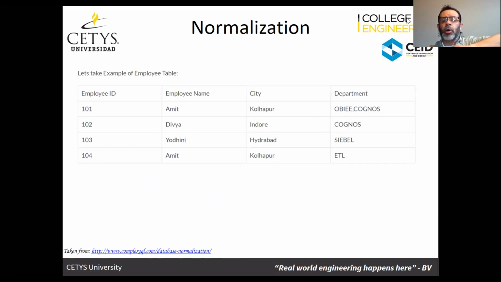I want to know all of the employees that are from department Cognos. I want to know all of the employees that live in Kolhapur. By the way, if I do that right now with this table, I'm going to have 2 records that give me the same person. It's going to be redundant.